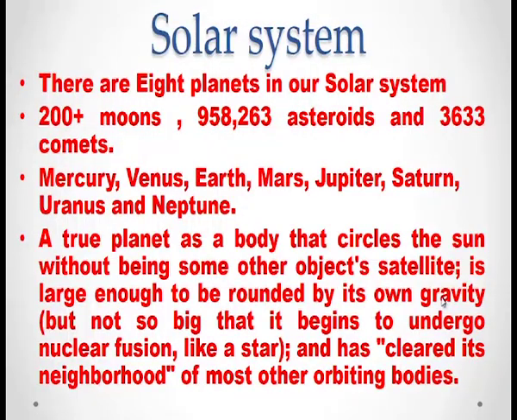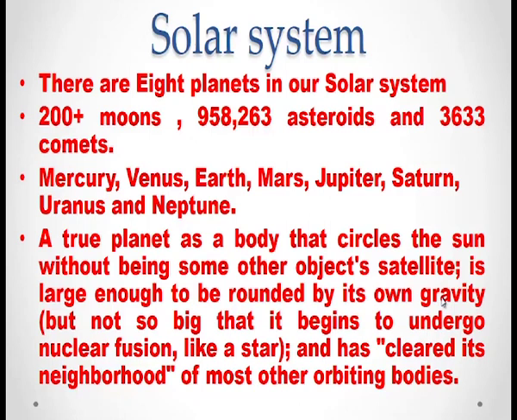According to the IAU, there is a definition for a planet. According to the IAU, a true planet is defined as a body that circles the sun without being some other object's satellite.